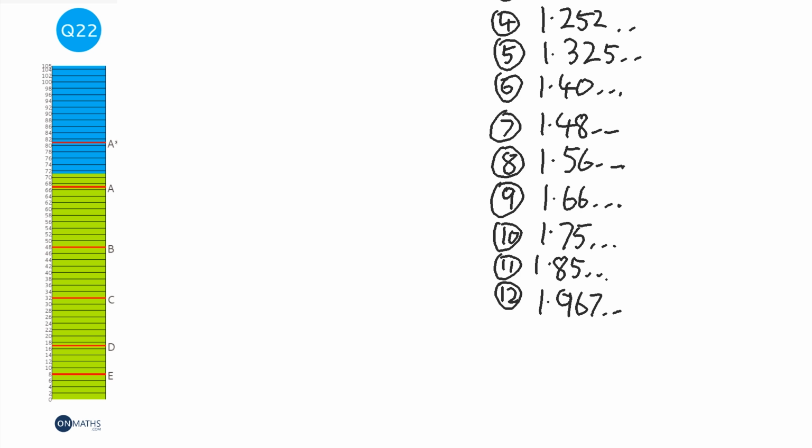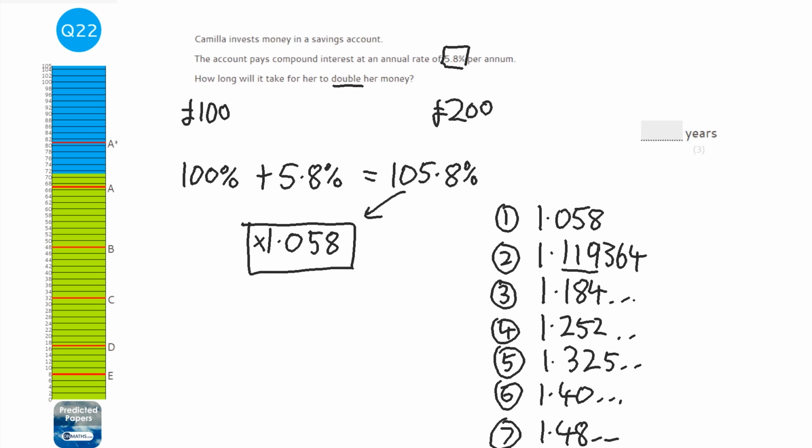So we're getting close. And 13 years we get 2.081, blah blah blah. So 13 years is going to be our answer.